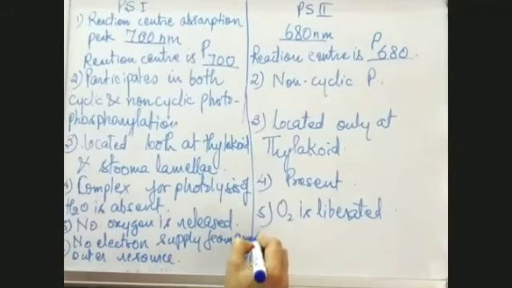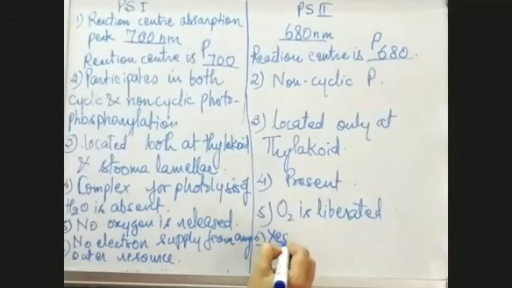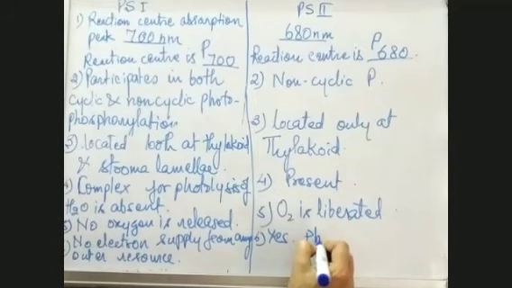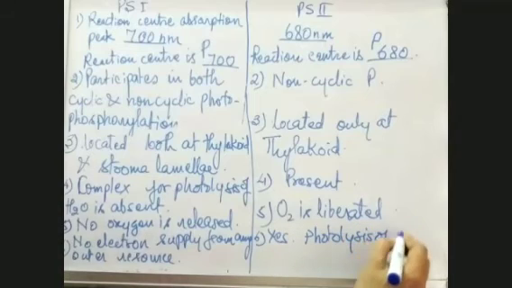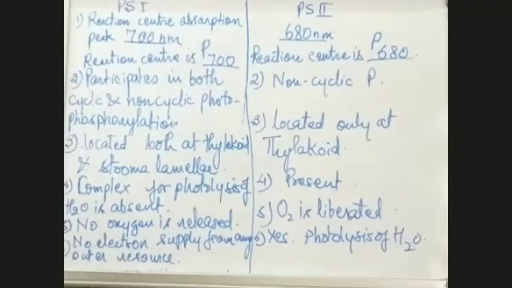And here, yes, there is electron supply from an outer resource. And what is that outer resource? That outer resource is photolysis of water. Because of photolysis of water, electrons, protons and oxygen are formed. The electrons which are formed reach the reaction center, so there is electron supply from an outer source.